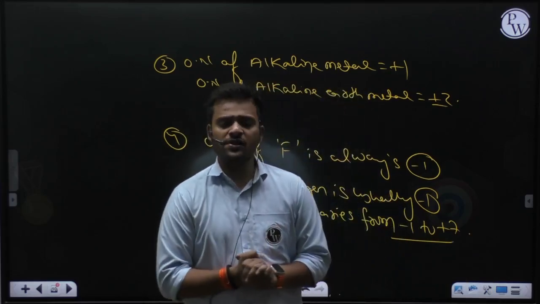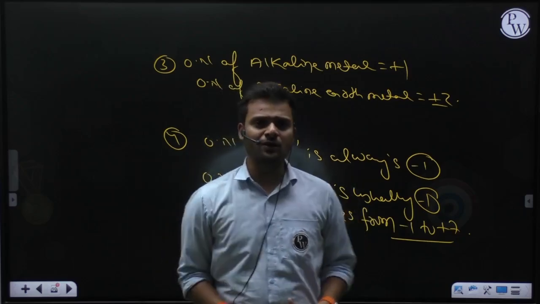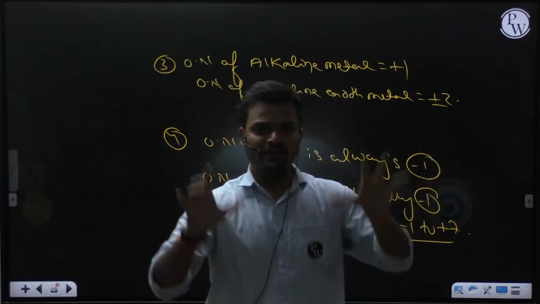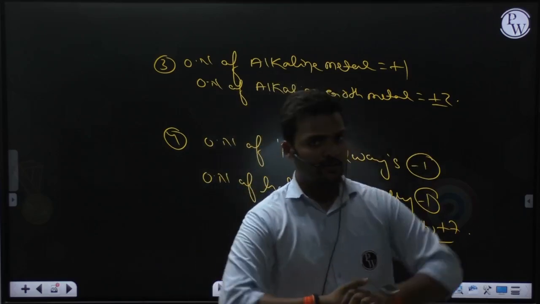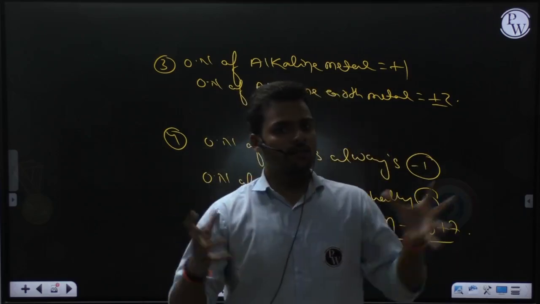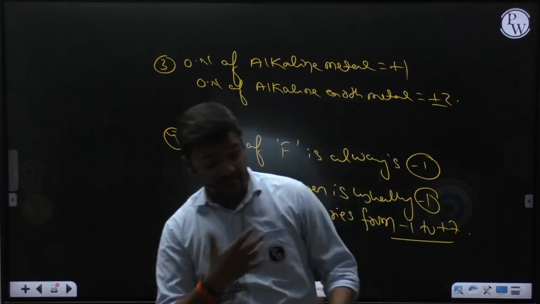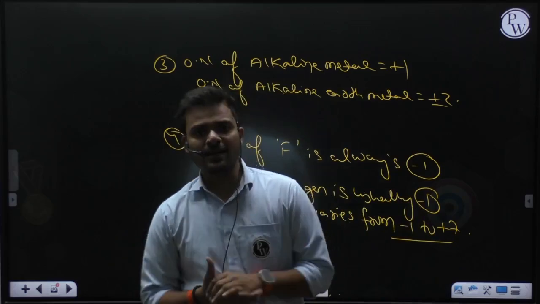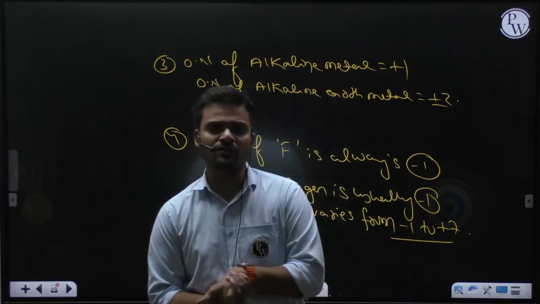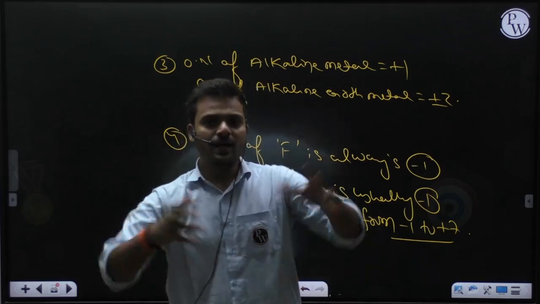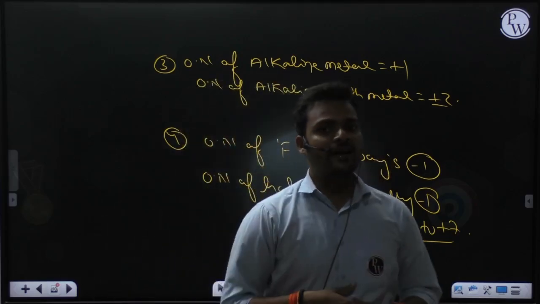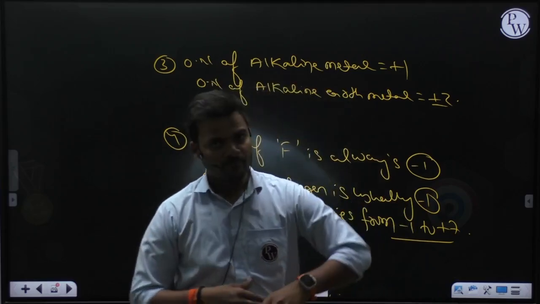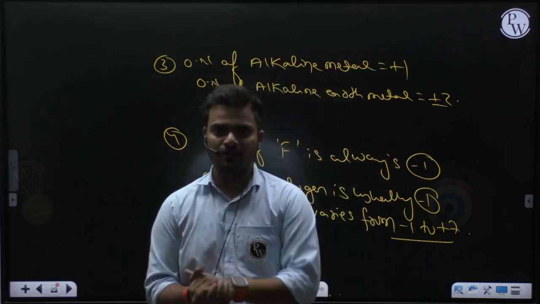Fluorine has an oxidation number of -1 always, because fluorine is the most electronegative element in the periodic table, so it will always acquire a -1 charge. But if I compare the rest of the halogens, the oxidation number varies from -1 to +7. Similarly, the oxidation number of nitrogen is usually -3, but it can vary from -3 to +5.